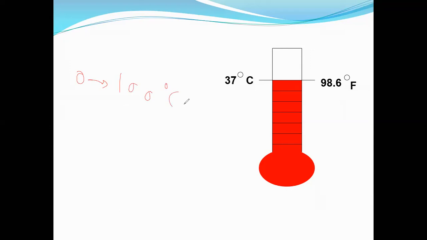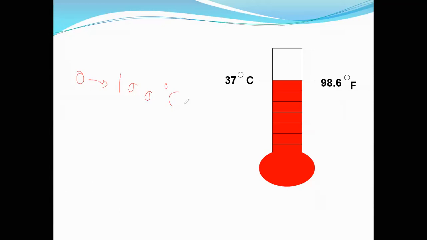And why are we using 0 to 100? Why are we not using more or fewer degrees than that? Because 0 degrees is the temperature at which water freezes. So the freezing point is the point at which water turns into ice. And 100 degrees is the temperature at which water turns into vapor. So we are just depending on water.